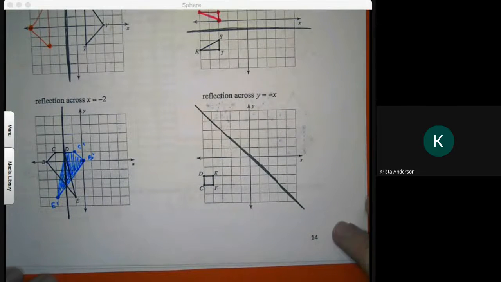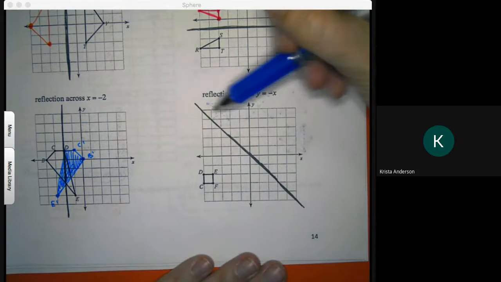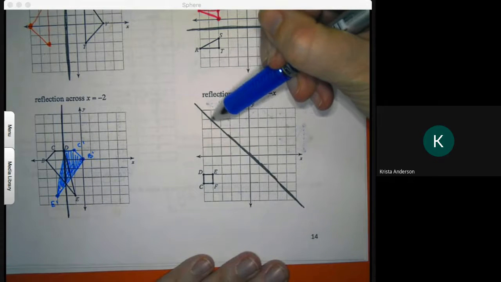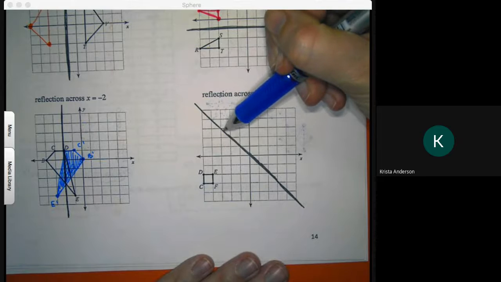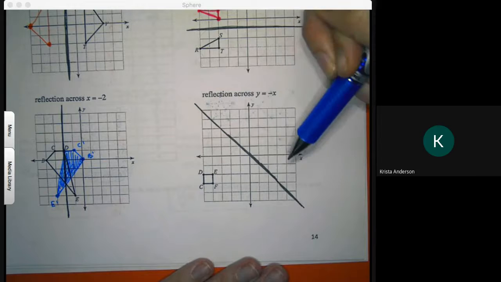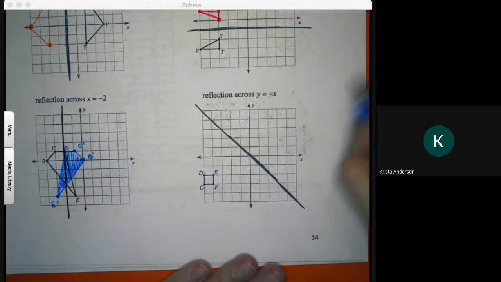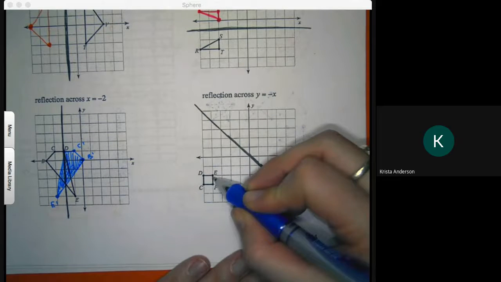Last reflection, we have a diagonal. I'm going to do this one a little bit differently. Do you see how it's going by one? It's hitting the corner on every one. You can count corners, and it's going to look weird, but I'm going to try and show you and see if it makes sense.